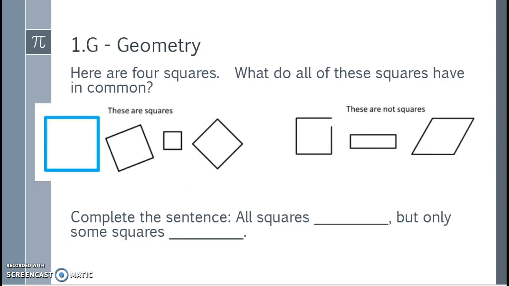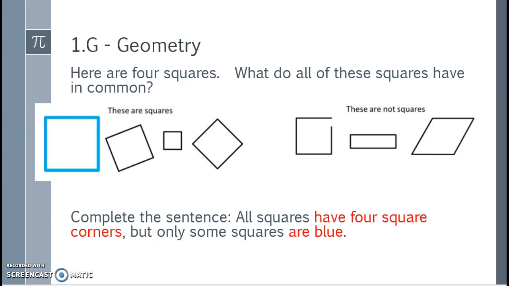Here are 4 squares. What do all of these squares have in common? Take a moment to review the squares and those that are not squares and complete the sentence. Pause the video and come back when you've got them filled in. One option might be, all squares have 4 corners, but only some squares are blue.